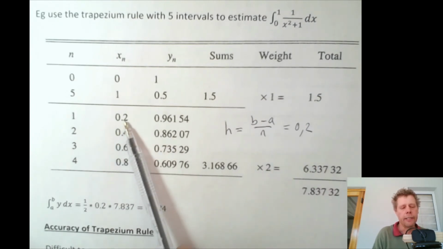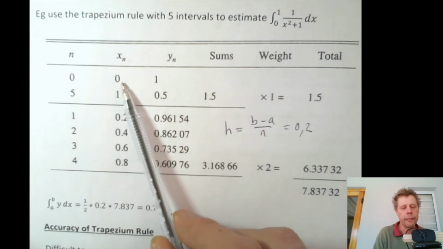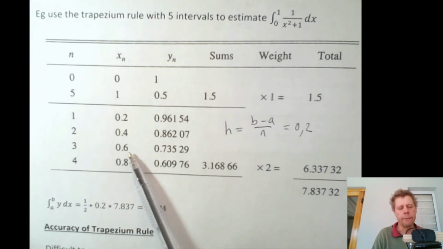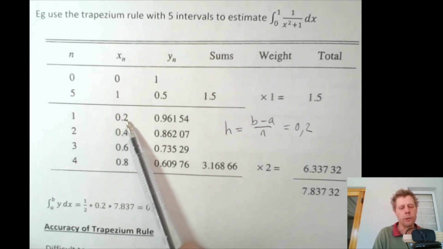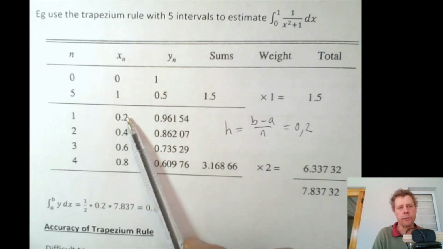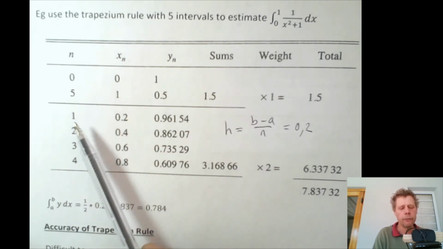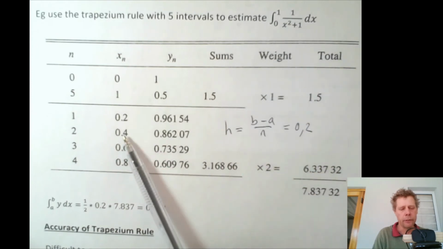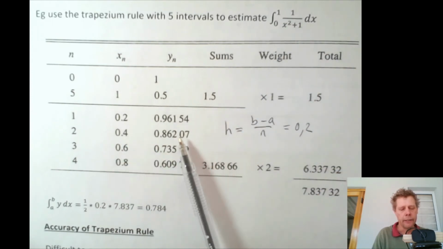So x1 is going to be the start x plus h, 0.2. The next one will be plus another h. It's not that this is always going to be 0.2; it must be added to your initial value of x. And so we can find the intermediate fence poles by putting 0.2 into that equation, 0.4 in there, etc.